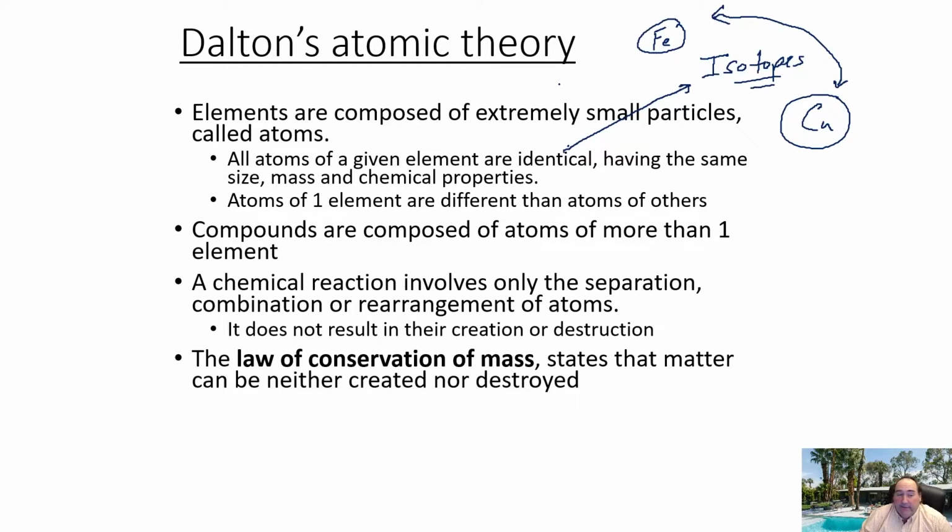So the idea here is when we have in our chemical reaction our reactants going to our products, remember that essentially the only thing we're going to be doing here is breaking bonds.